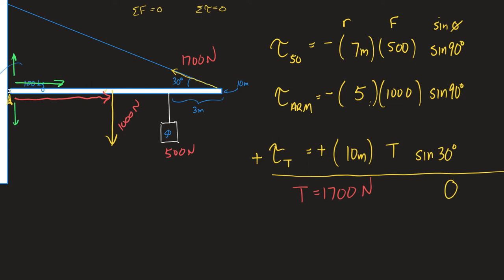The real issue is that if we decide to solve this problem using torque, you might think we can put the pivot point someplace else and then deal with net torque. The problem is that you really can't. And here's why. We don't know what this force is. And therefore, we don't know the size of the force, nor the angle at which it acts.